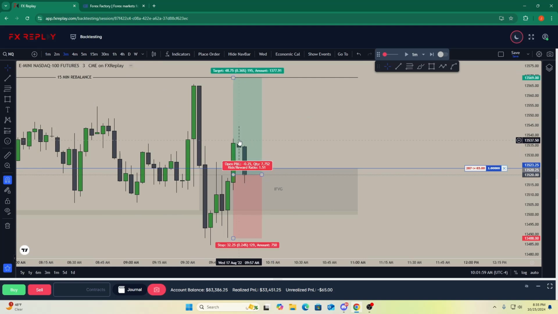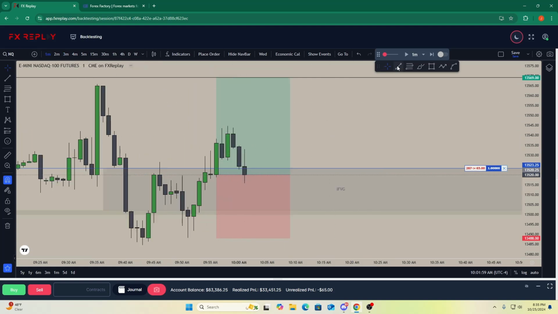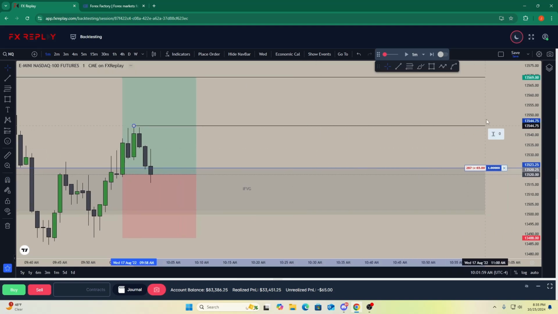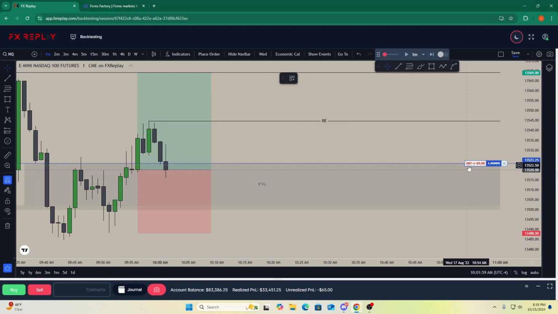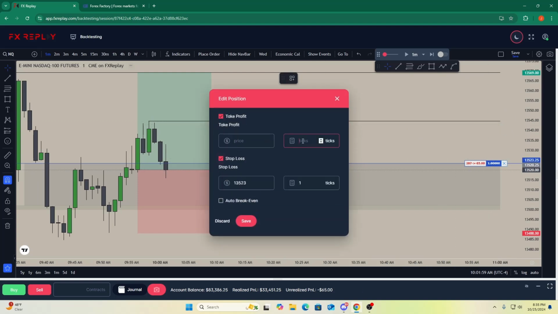Remember, I'm taking this off this 3-minute here. We'll have break even at this new internal high. So I'll quickly update all of these here.